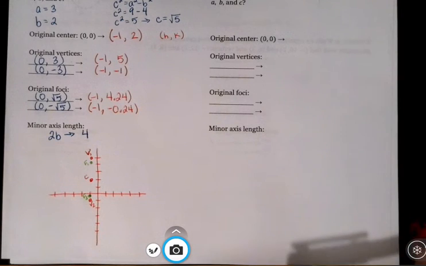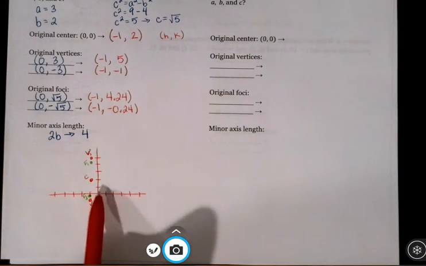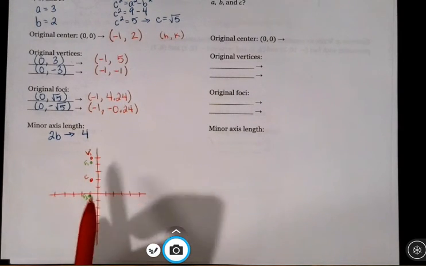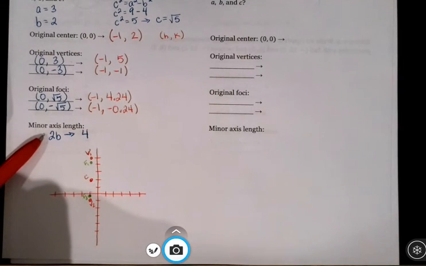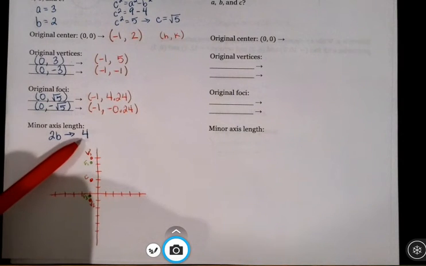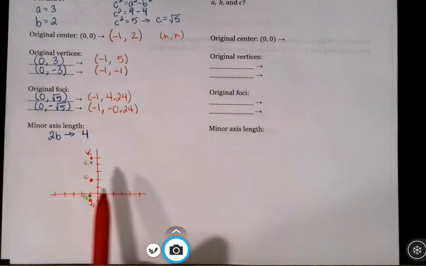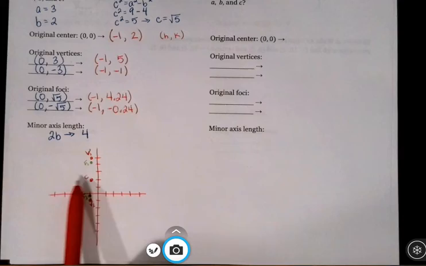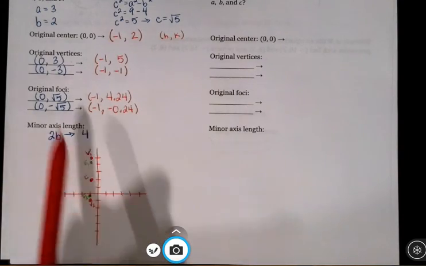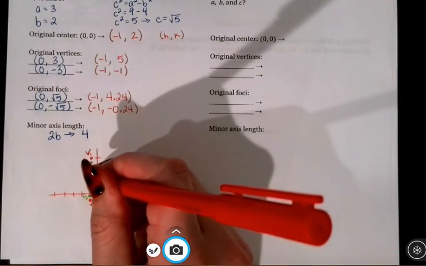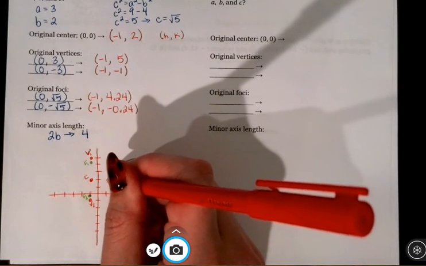And then I need an oval, because that's what an ellipse is, but I don't know how wide it is, which is why we had to find the minor axis length. So it has a total length of 4, which means I want to go 2 in either direction from my center, which is my b. So starting at my center, I'm going to go over 2 and put a point.